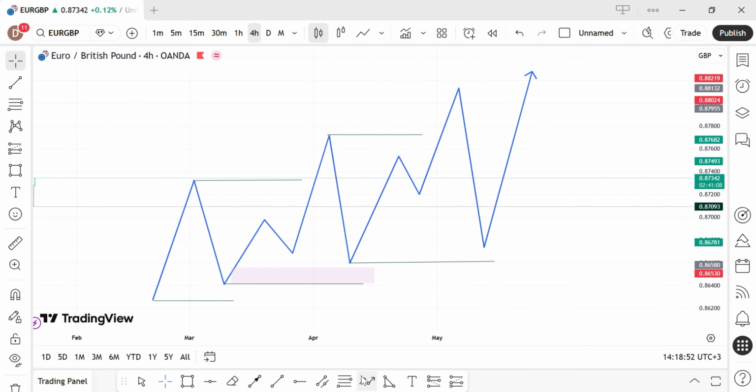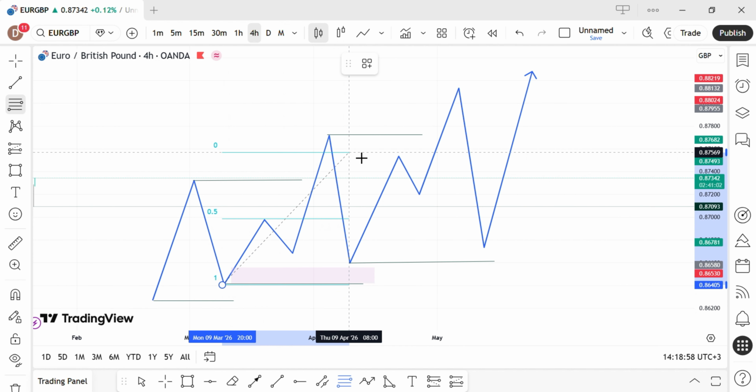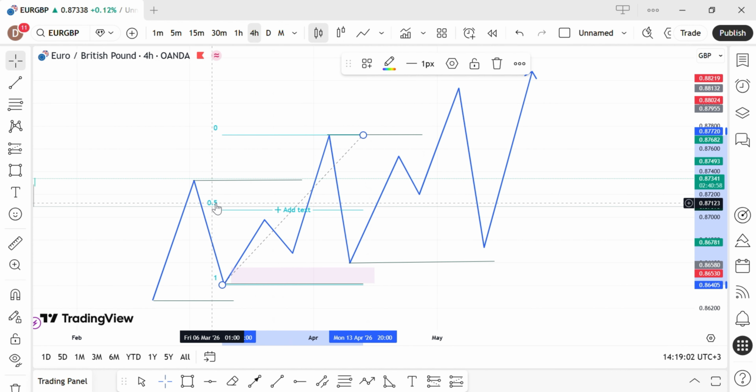Okay, so when you look at this setup, let me draw my fib again here, from this place to this place. You see, this is the 50, 0.5, this is the 50%. This is the center of this move, the whole of this move. The market has to retrace at least 50 for it to move up.